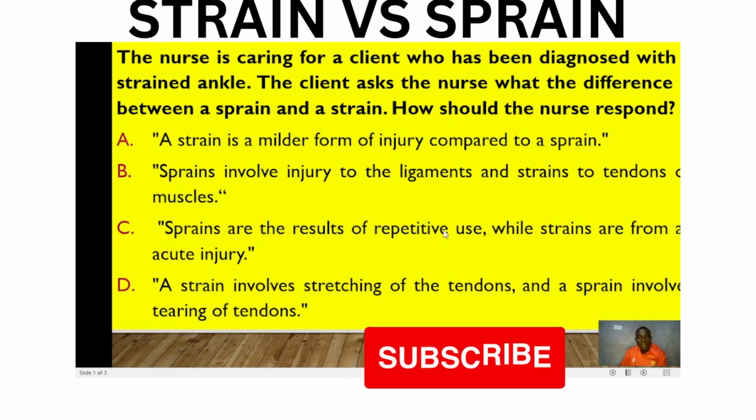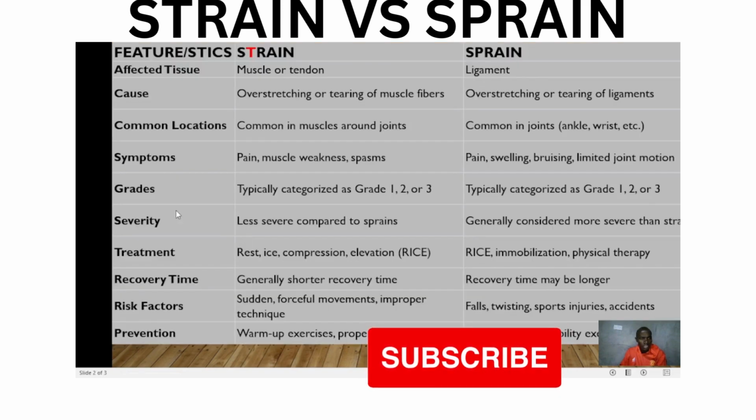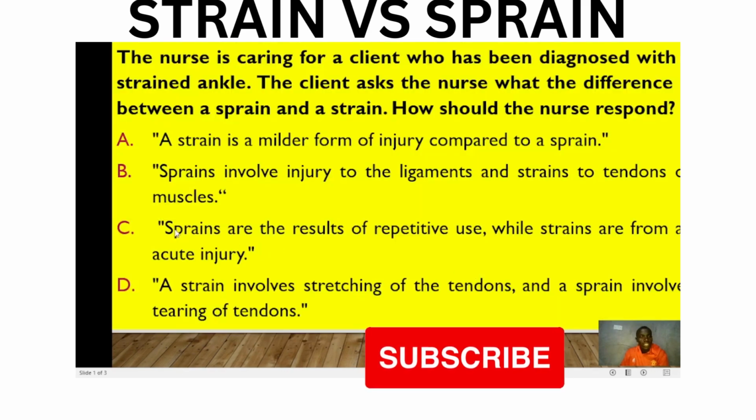Sprains are result of repetitive use while strains are from an acute injury. Guys, what did we say about that? The cause, the risk factors. For strain, we say the sudden forceful movements, improper technique, whereas for sprain you have falls, twisting, sports injuries and accidents. So this one might not be correct, guys, because almost all of them happen to be in an emergency, the two.